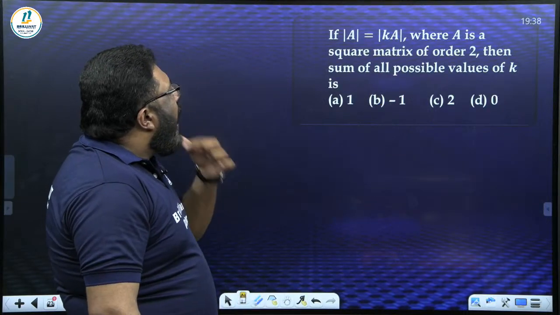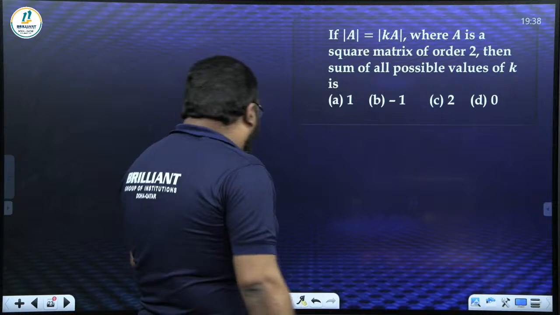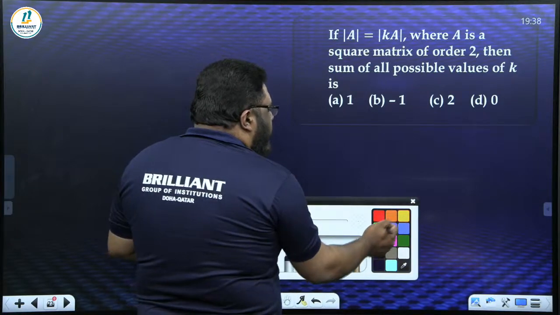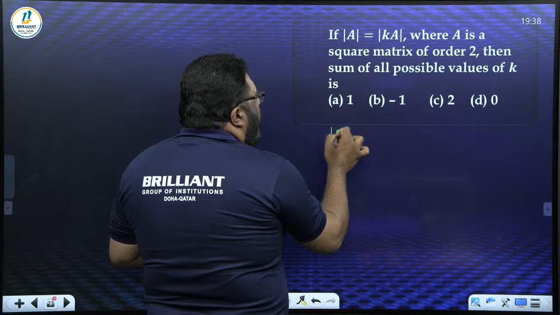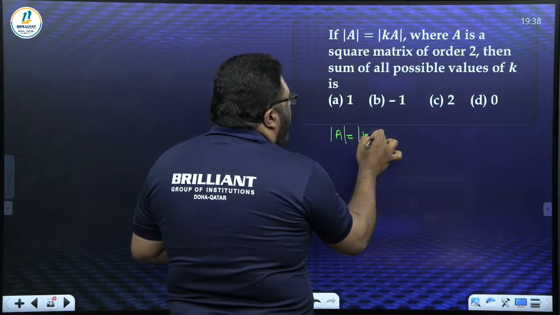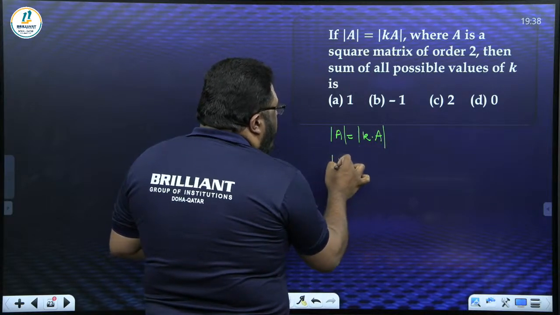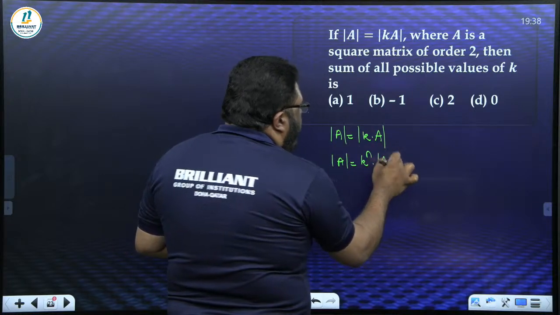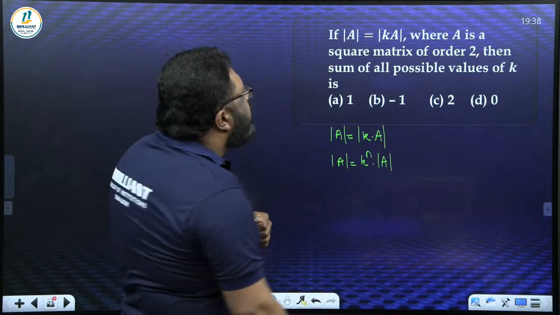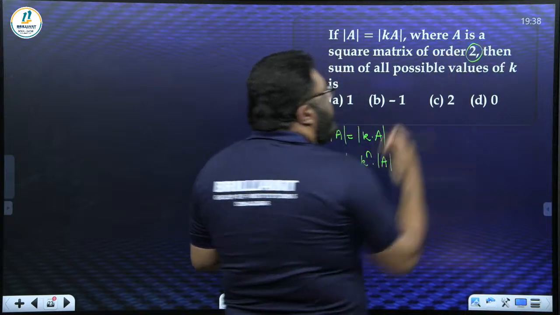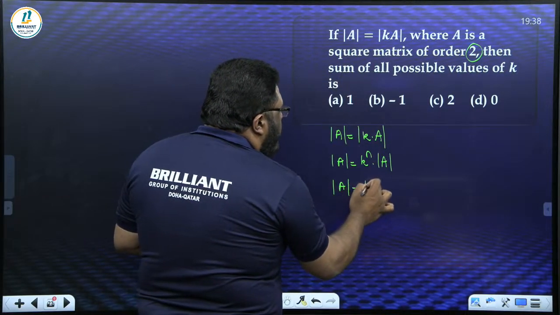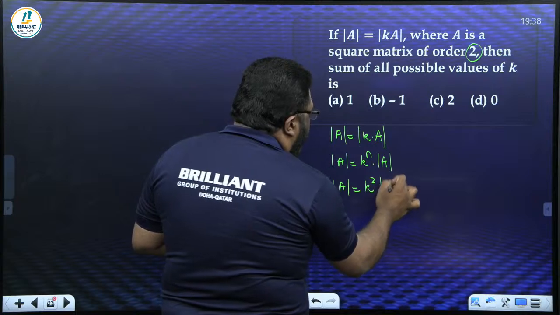Okay. Now, A is equal to kA. Determinant of A is equal to determinant of kA. This is again the property we just now discussed, my dears. So determinant of A is equal to k raised to n determinant of A. What is the order here? Order is 2. So can I say determinant of A is equal to k squared determinant of A?